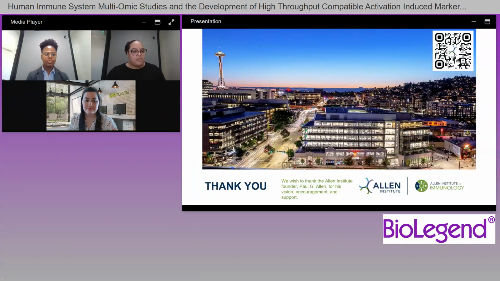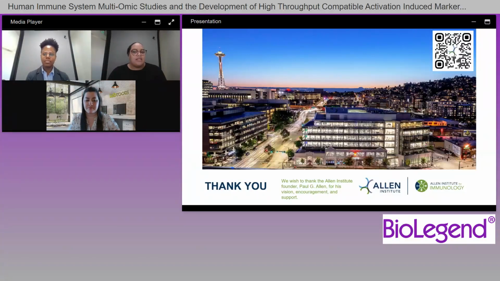I think both Blessing and I come from flow backgrounds, and we haven't done a lot of image cytometry or microscopy. So kind of going right into it and saying, okay, this is how we would do it on flow, and kind of changing that up.